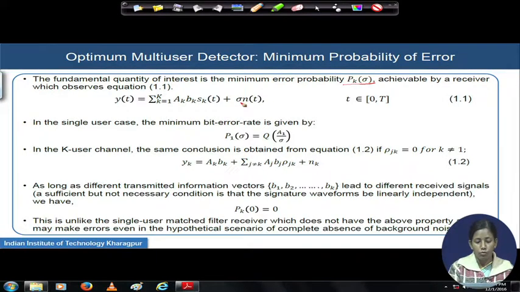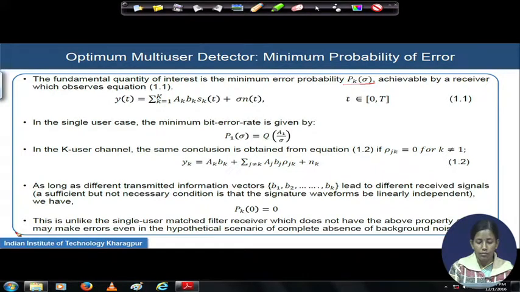And we have considered n(t), which is a Gaussian noise process, continuously over the last two modules. This is a very generic model at the front end of the CDMA receiver in a multi-user scenario.